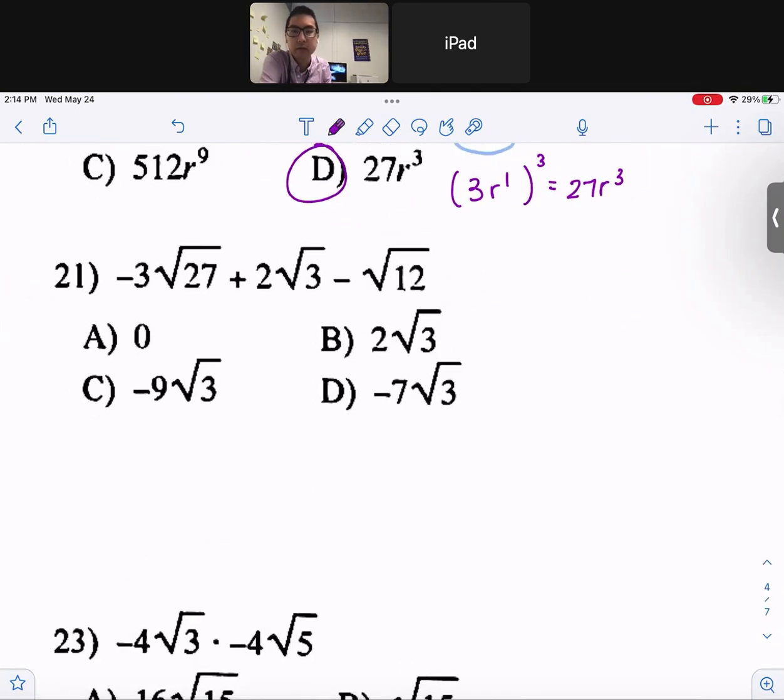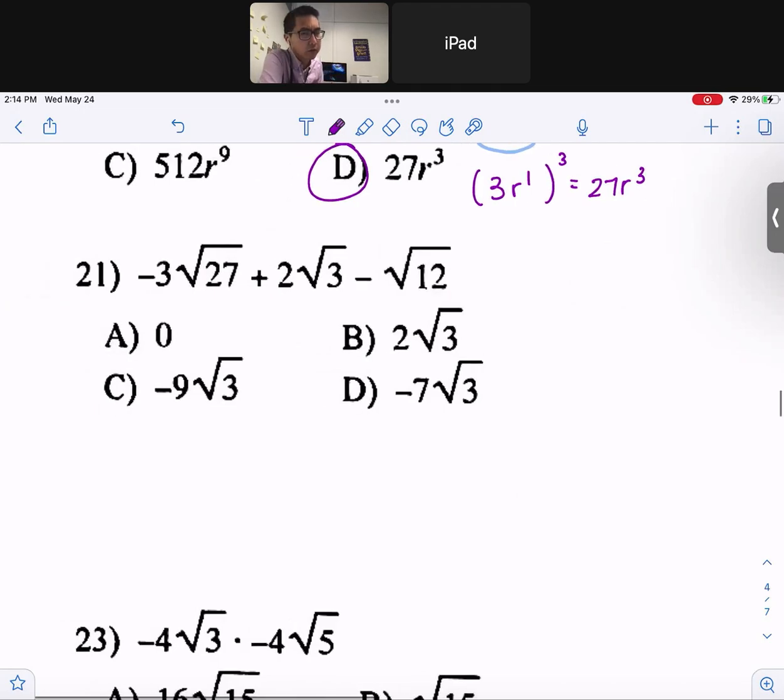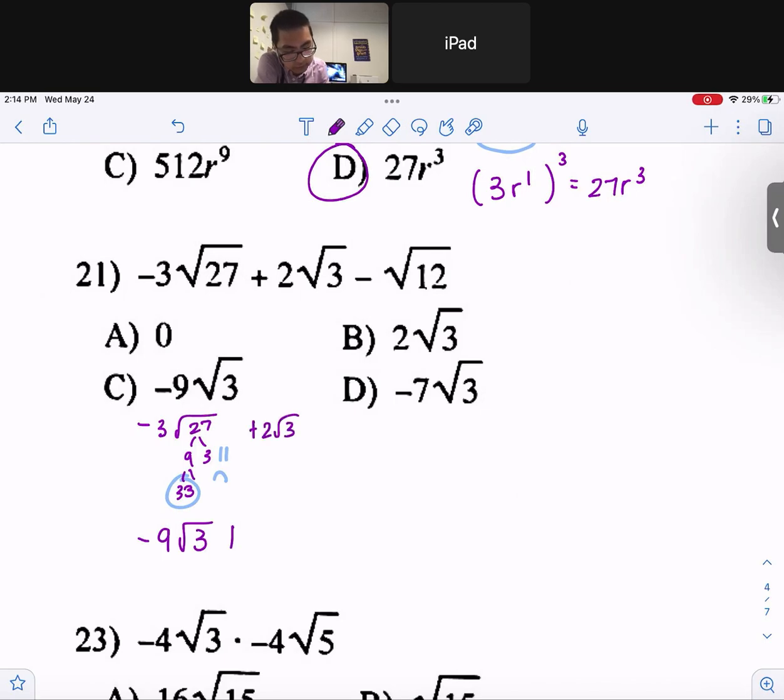21. This is where you have to simplify your roots, and because this has an index of 2, you're trying to find pairs. So 9 times 3, 3 times 3, pair, leftover. So this pair times this on the outside is going to be negative 9 square root of 3. We got plus 2 rad 3. That can't simplify any further, so drop it down.